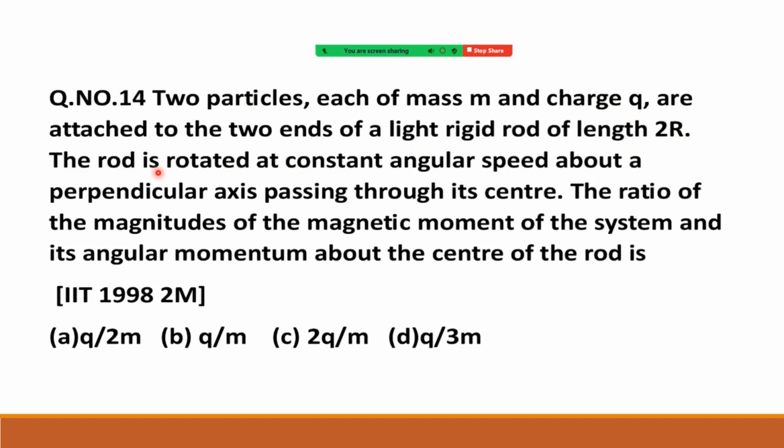Next, the rod is rotated at a constant angular speed about a perpendicular axis passing through its center. The ratio of the magnitudes of the magnetic moment of the system and its angular momentum about the center of the rod is... So again, same question.